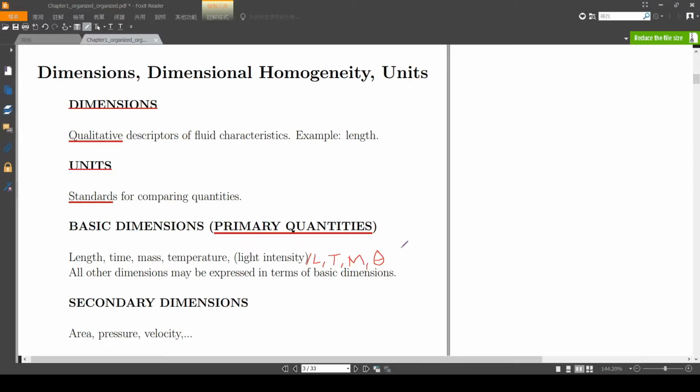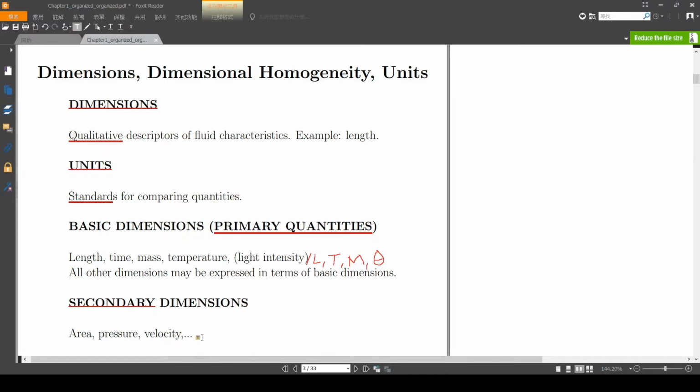These primary quantities can then be used to provide a qualitative description of any secondary dimensions, like the area, the pressure, and the velocity.